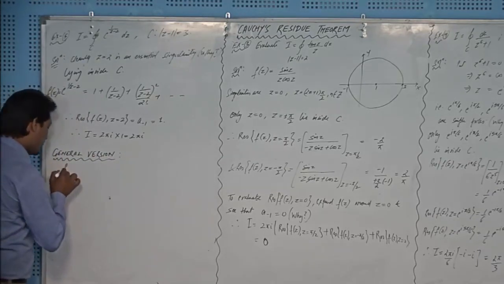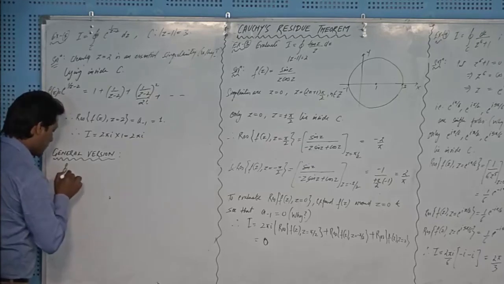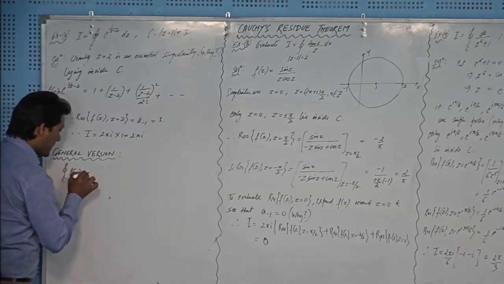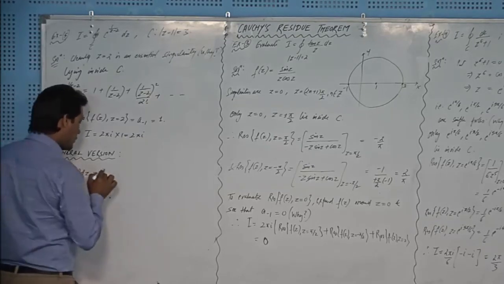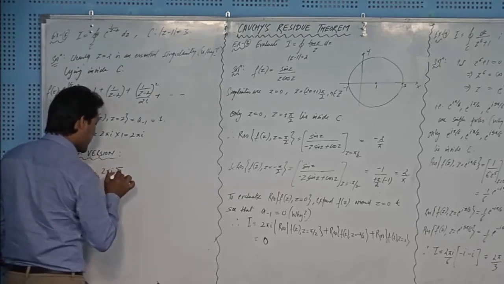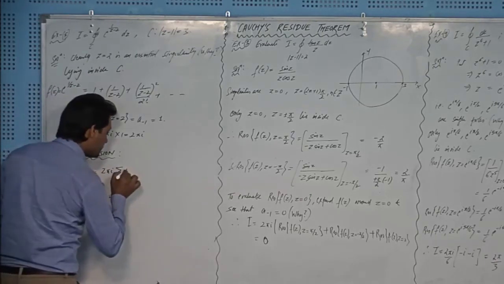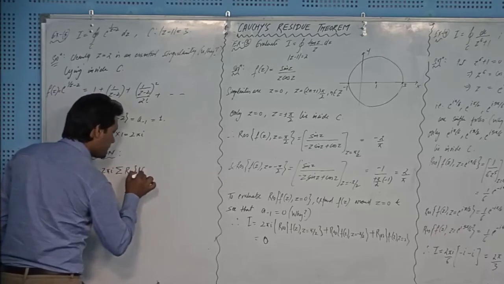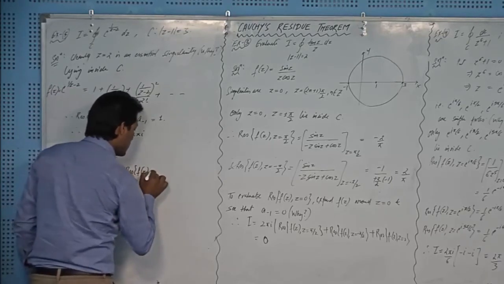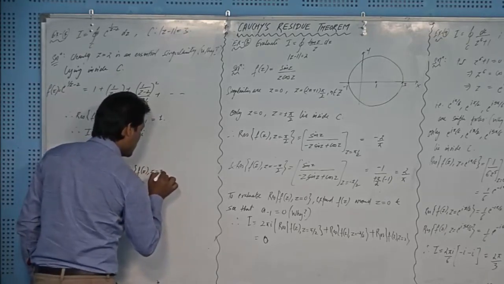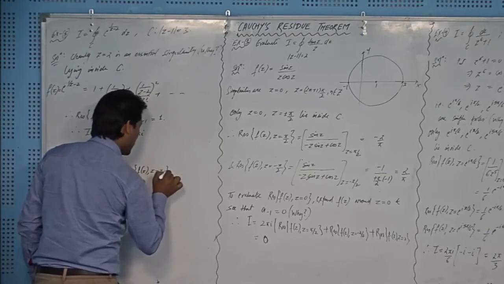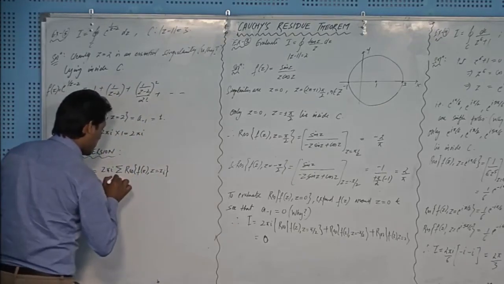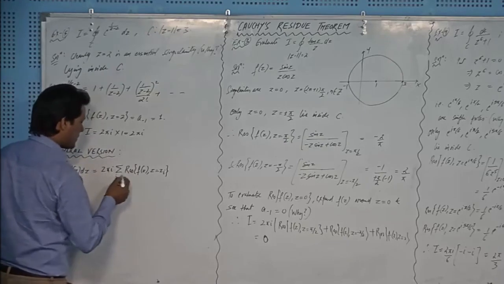The formula says that the line integral of f(z) dz is equal to 2 pi i times the sum of residues of f(z) at z equal to z_i, where i equals 1 to anything.